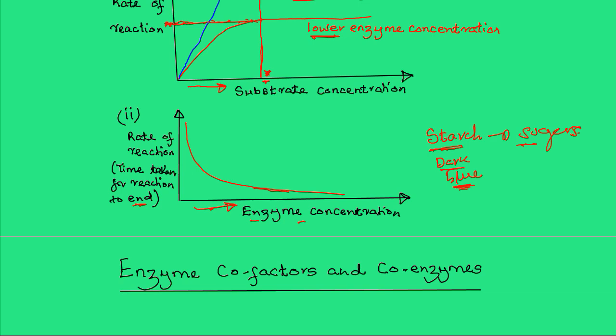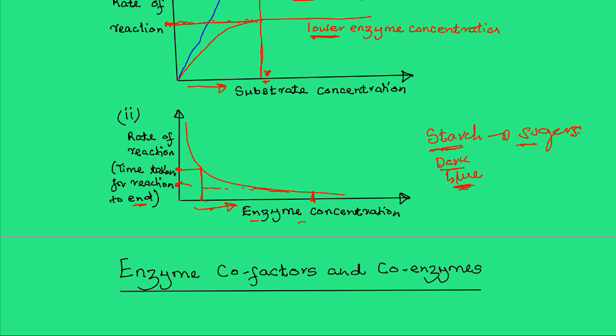At the higher concentration, say at this point here, a relatively shorter time will be taken for the dark blue color to disappear compared to a relatively lower concentration at this point here, when the time taken is going to be more. So this way also we can look at the effect of enzyme concentration on the rate of reaction.